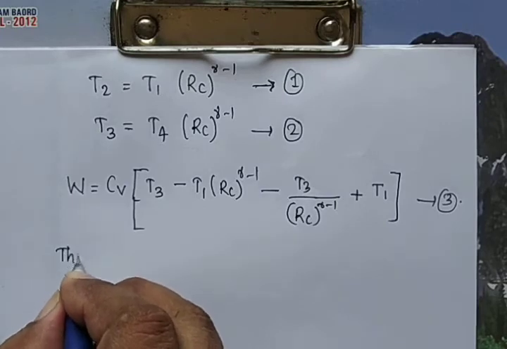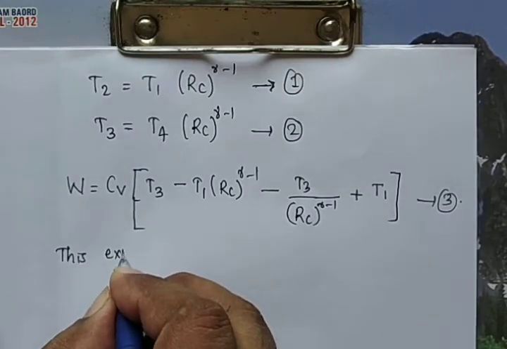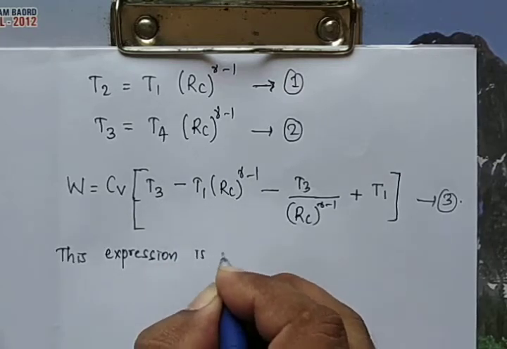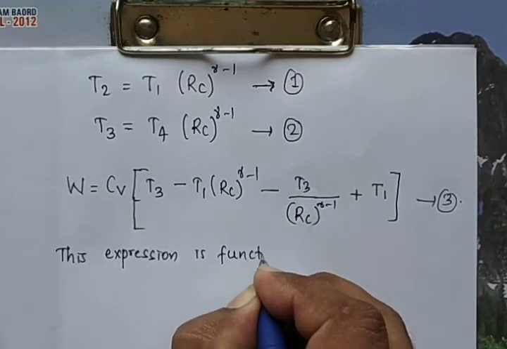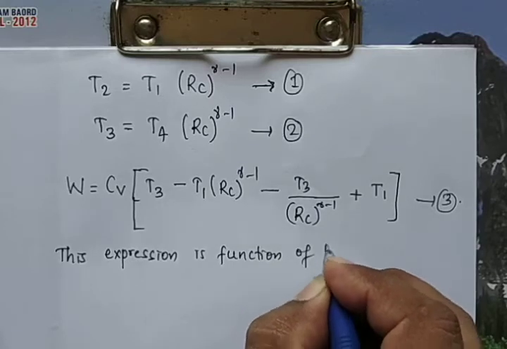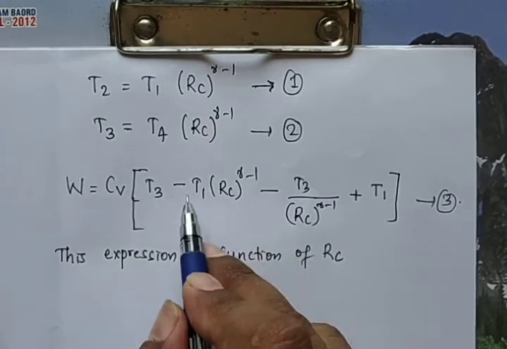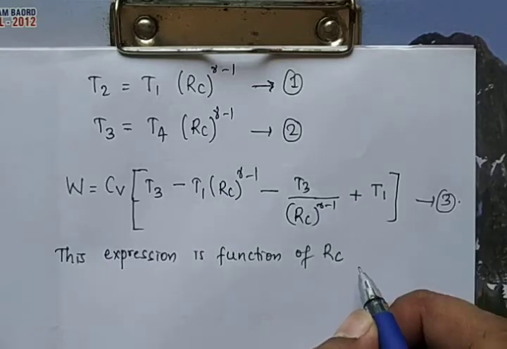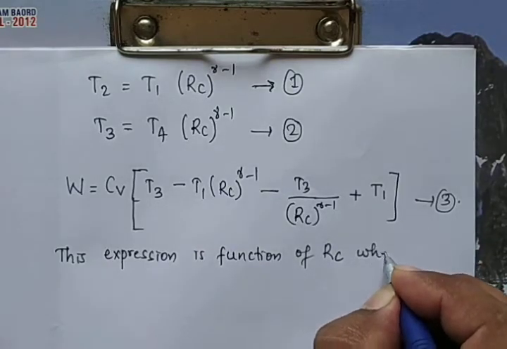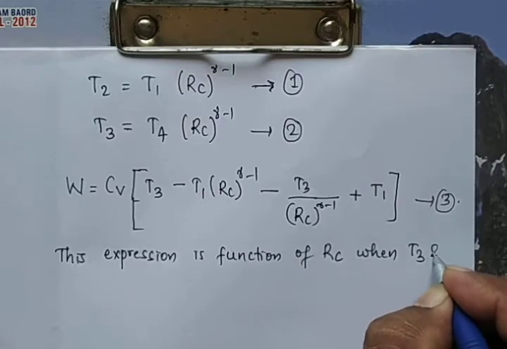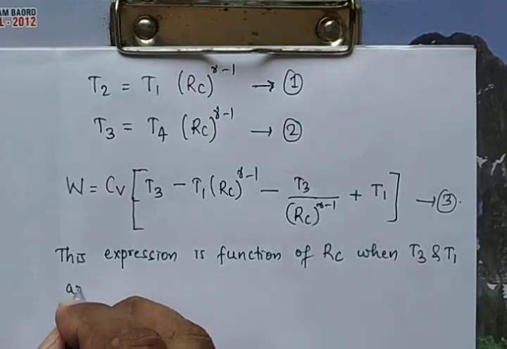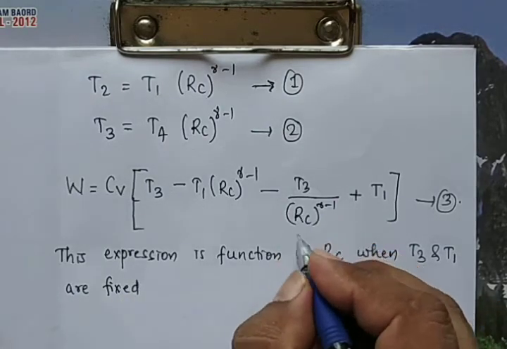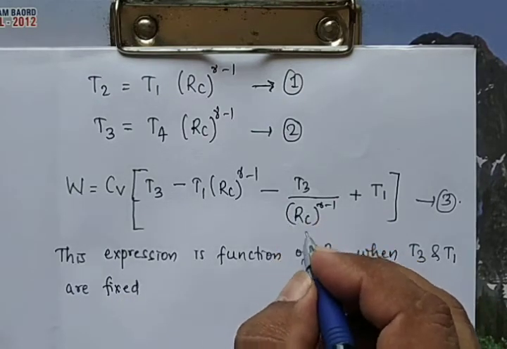Then this equation or this expression is a function of what terms? rc, T1 and T3. But when T3 and T1 are fixed, if I fix these values of T1 and T3, the only term which remains is rc.